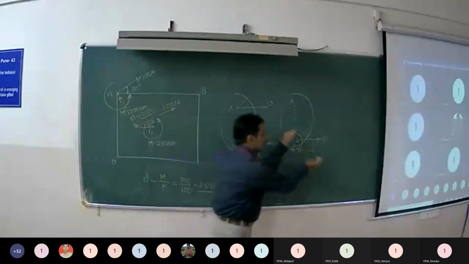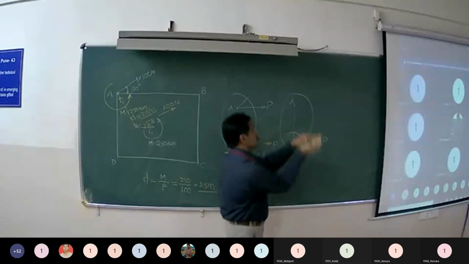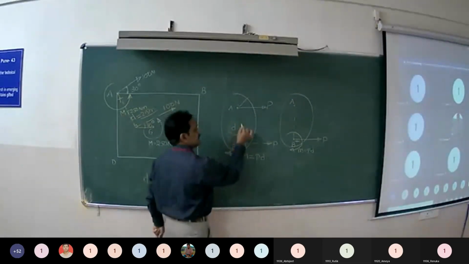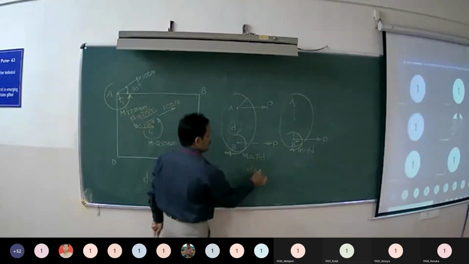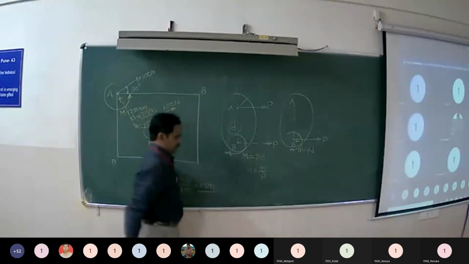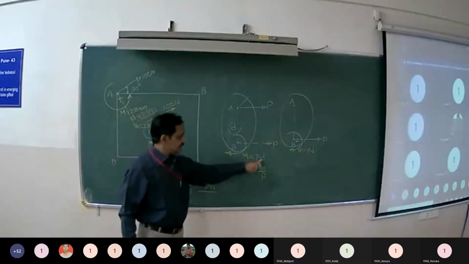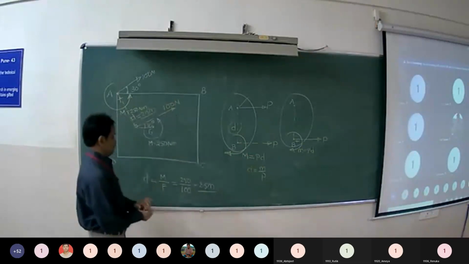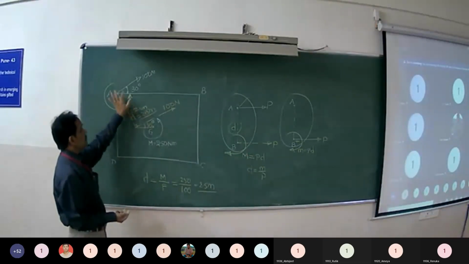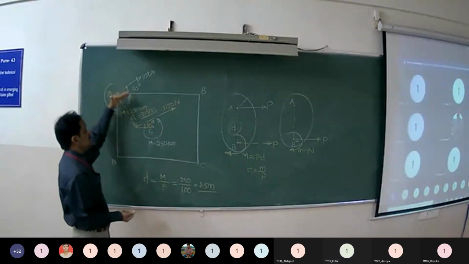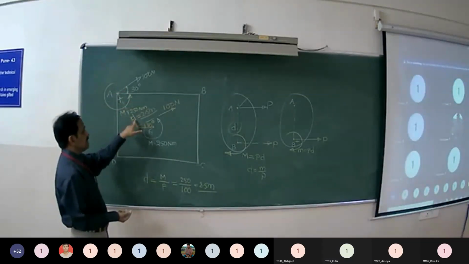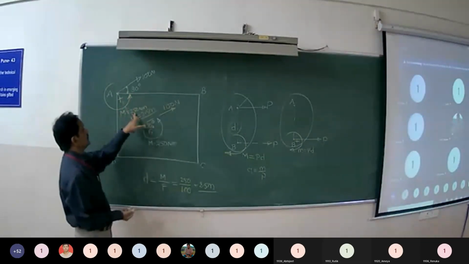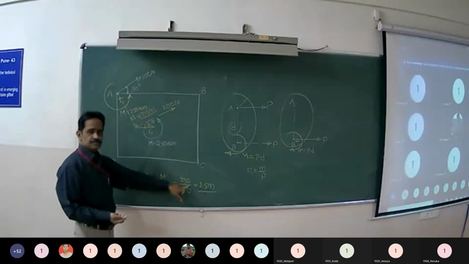But when force and couple are combined at B, the resultant will be the force which will go back to original position through a distance D. D is equal to M upon P. That's what we are doing here. We are adding force and couple. Then the force will be transferred parallelly by distance D equal to the moment upon force. Moment is 250, force is 100.